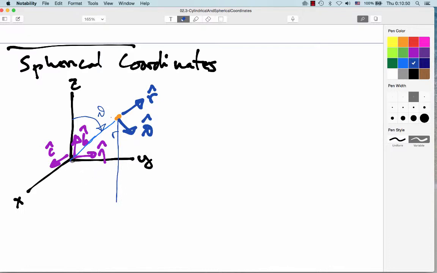We go ahead, drop down to the xy plane, and this angle here off of x, counterclockwise off of x, is my phi. So theta and phi are reversed from your math class, and I'm sorry, that's just how we roll.